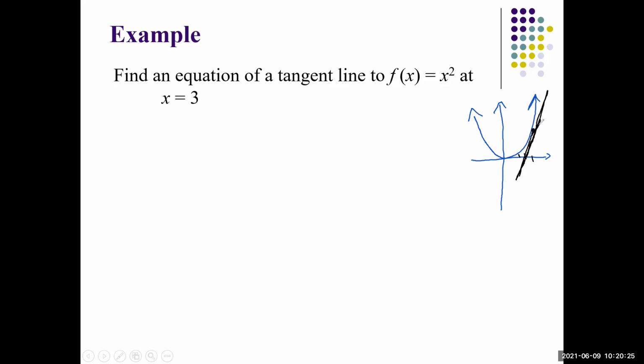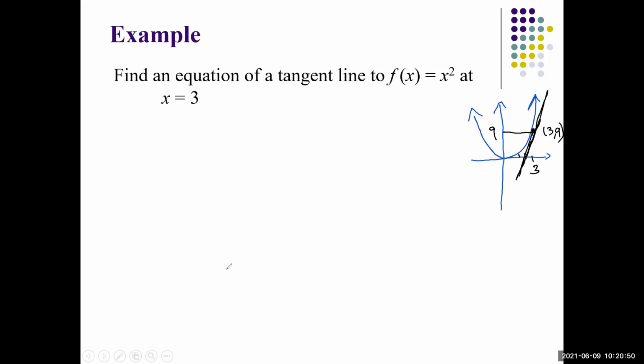Of course, in order to find the slope of the tangent line, you need to use the formula we just derived. Here's a 3, and don't forget that when x is 3, you plug in and get 9. So the point here is really 3 and 9. What's missing is the slope of the tangent line.